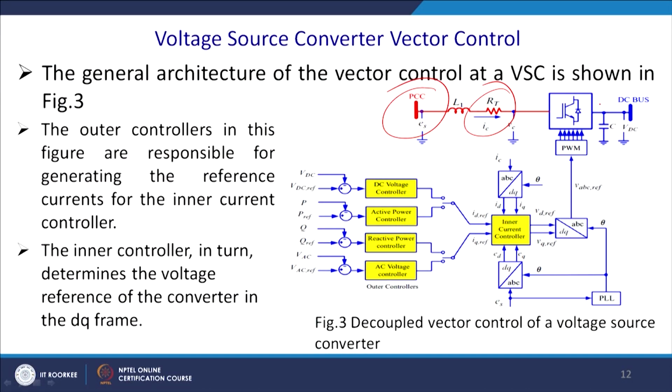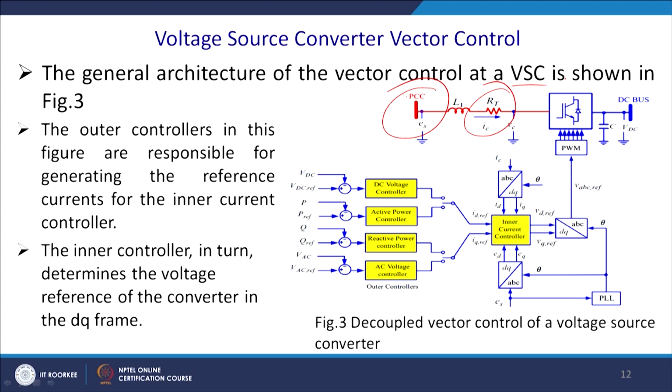So, resistance plays a huge role in case of the microgrid, and thus you have a PWM converter and you get a DC bus, and it may be from the grid or it may be from other AC sources, for example, the wind. So, this is the general architecture of the vector control of the voltage source converter.